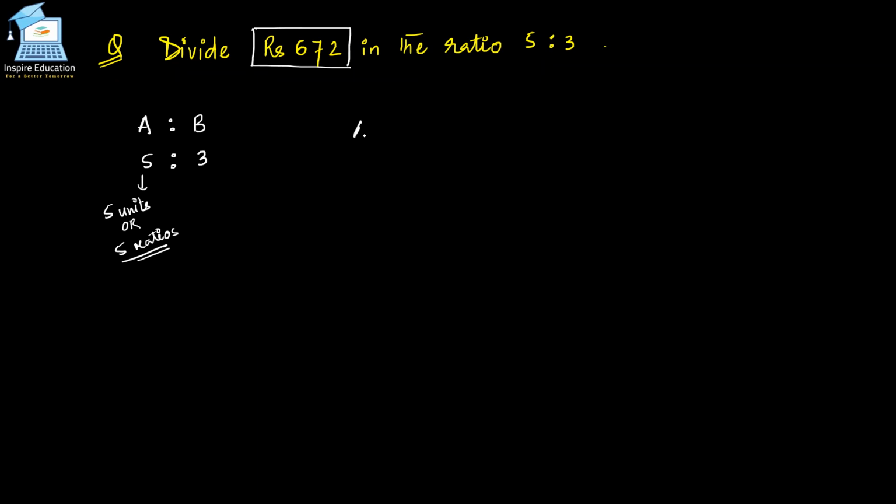So together they are getting how much? 8 rupees. They are getting 8 together if we compare it. But how can they get 8 rupees together? Because the examiner himself has given that the total is 672.